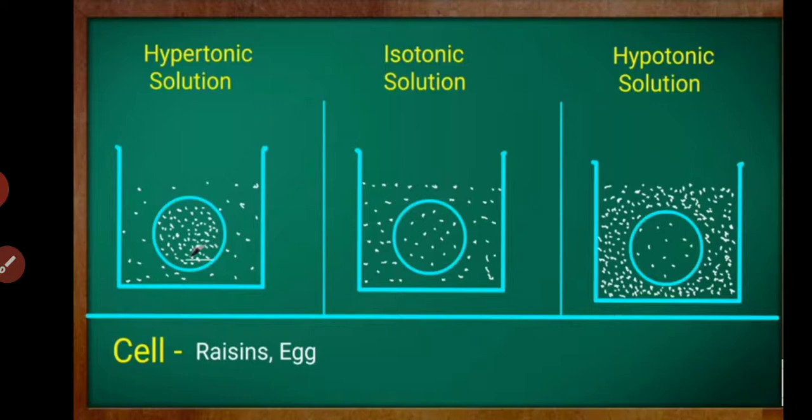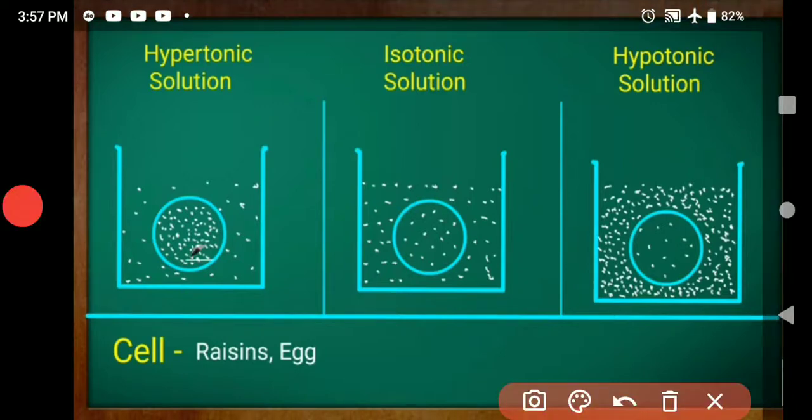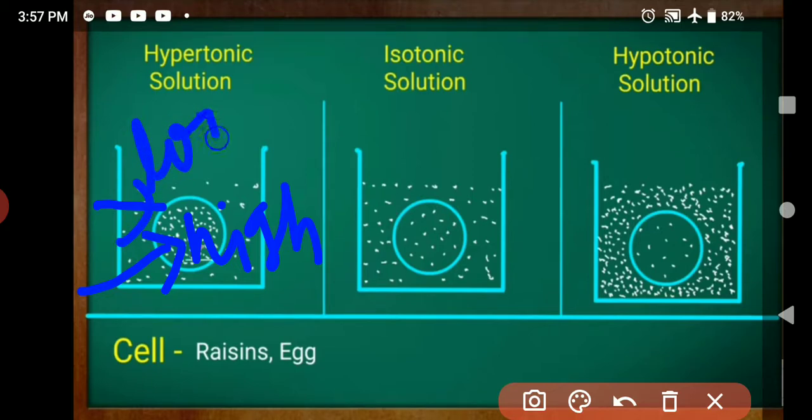In the first diagram, see, inside the cell concentration is higher than outside the cell. Inside the cell concentration is high and outside the cell concentration is low. So water moves from inside the cell to the outside of the cell, from high concentration region to low concentration region, and in this case the cell loses water. This is called hypertonic solution.